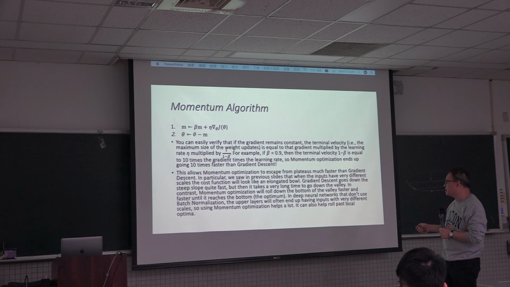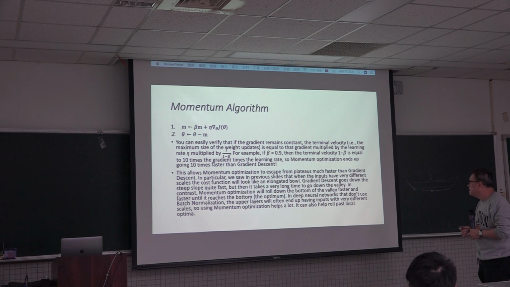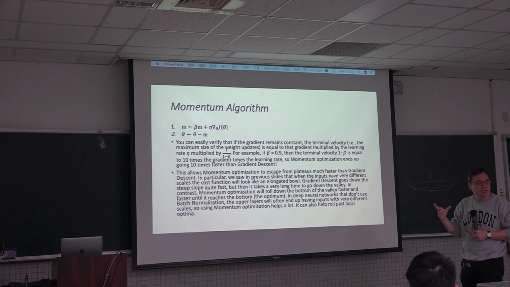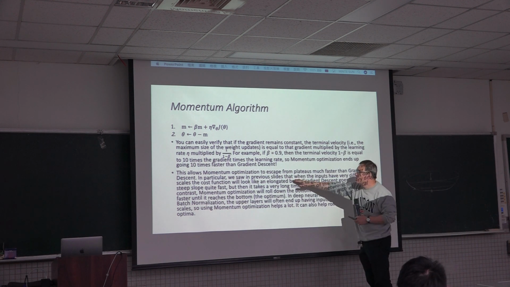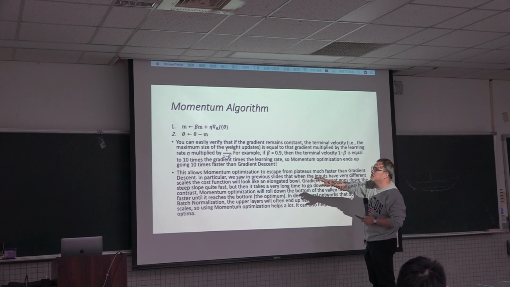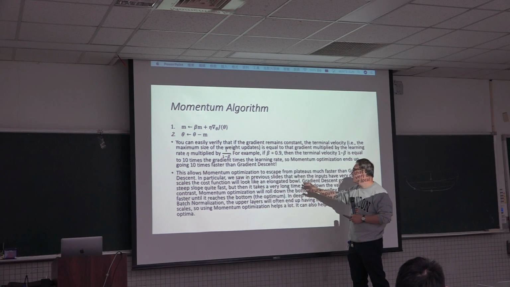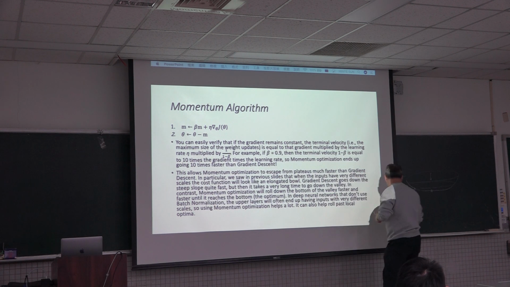This type of elongated ball shape is caused by the case when different dimensions have different scales. So the inputs have very different scales, and the cost function will look like an elongated ball.